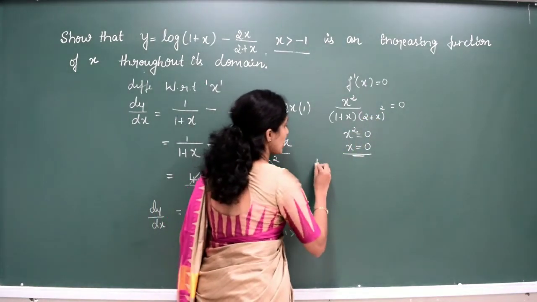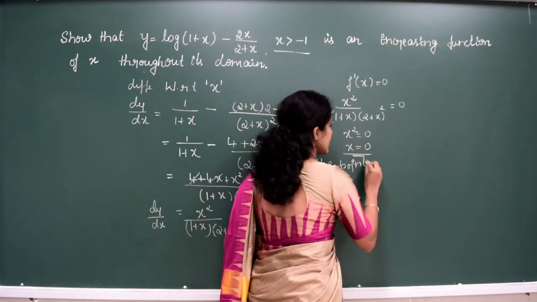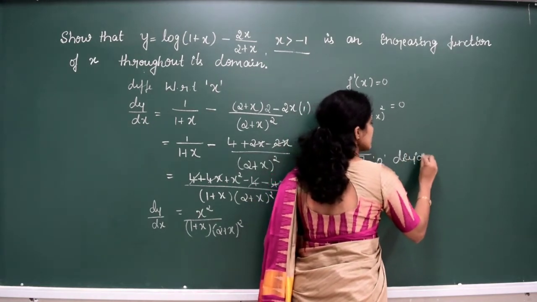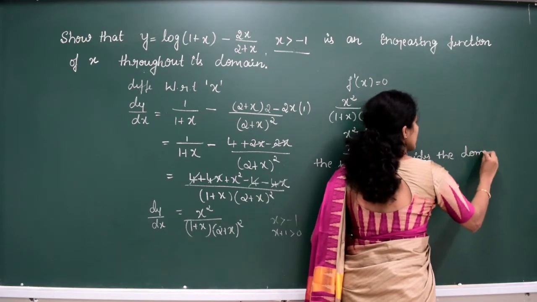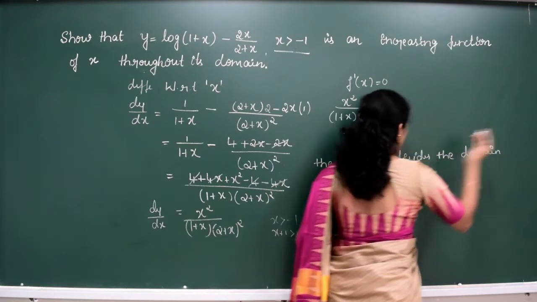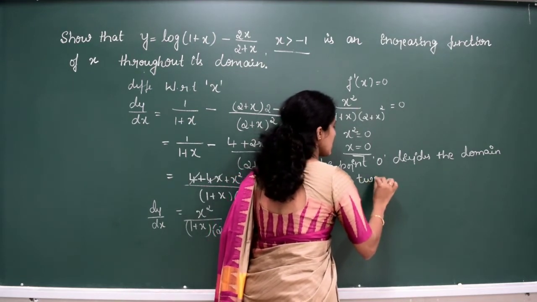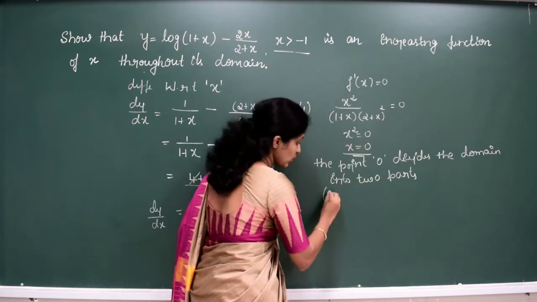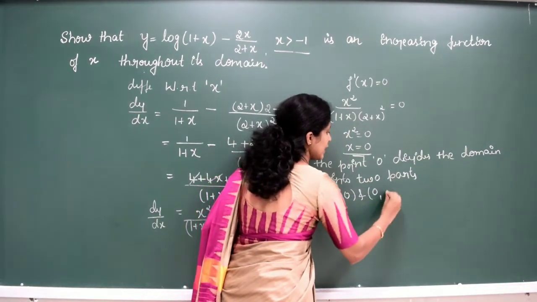So, the point 0 divides the domain into two parts, that is, one is -1 to 0 and the other is 0 to infinity.